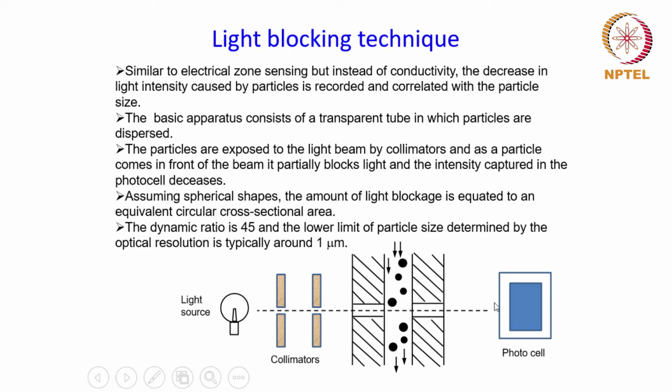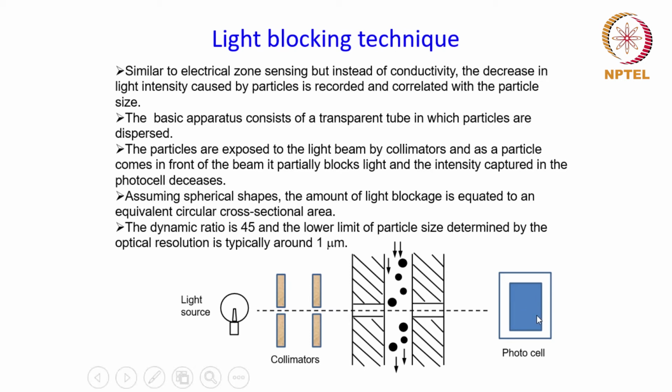How much the intensity will decrease depends on the size of the particles. So assuming spherical shapes for these particles, the amount of light blockage is equated to an equivalent circular cross-sectional area, and from that the size of the particles can be calculated.